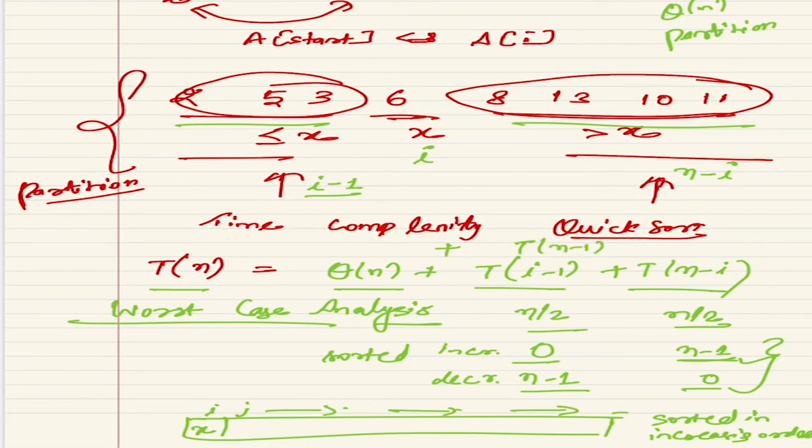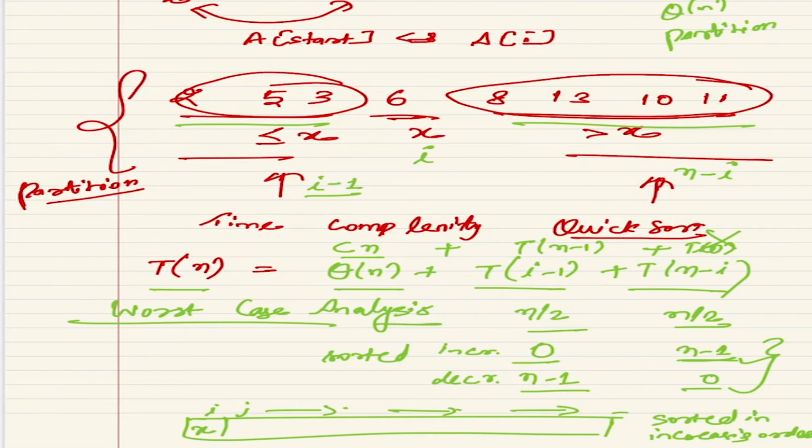T of 0 we are removing; let's say T of 0 is 0. So how much time will it take? Now theta n, you can say something like Cn. Generally, whenever it is theta n, we can always say this is something like Cn. You can also think of theta n as less than or equal to some Cn.